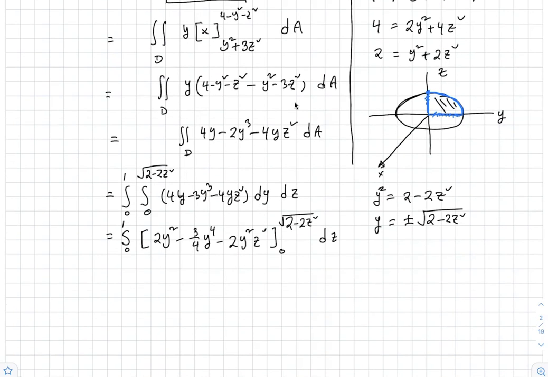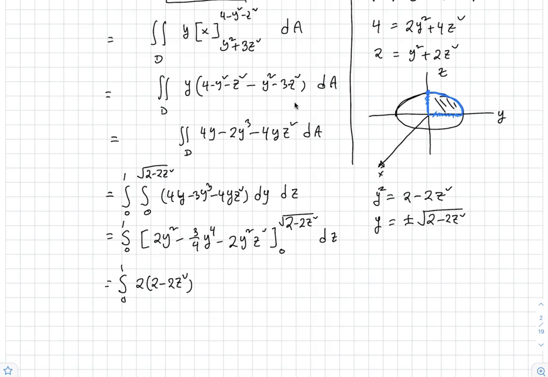Carry forward the integration with respect to z as is. So we are now working on the integration with respect to y, which is this inner integration. Okay, so all we have to do is substitute the limit. Where I see y, I put the upper limit square root of 2 minus 2z square. So here I have y square, so the square root cancels.